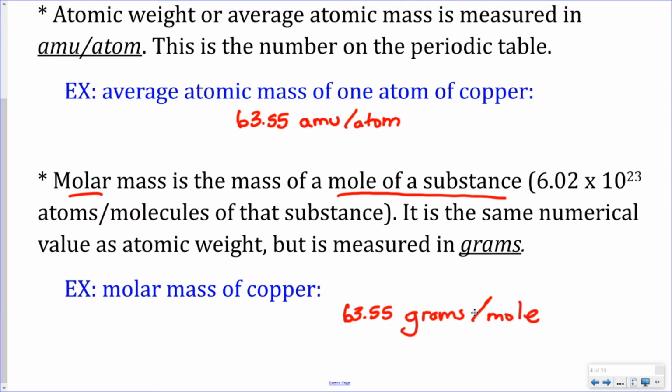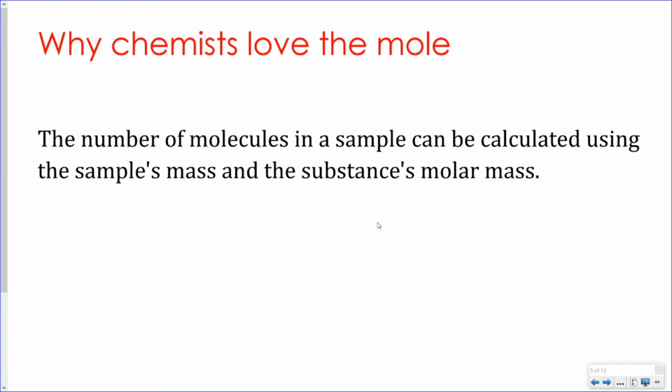And you'll actually see that written on your periodic table in the legend, but it'll say g/mol. G is for grams. Mol is short for mole, which is only getting rid of 1 letter, but it's still shorter, so we're going to go with it. So this is saying if you had 6.02 times 10 to the 23 atoms of copper, together they would weigh 63.55 grams.